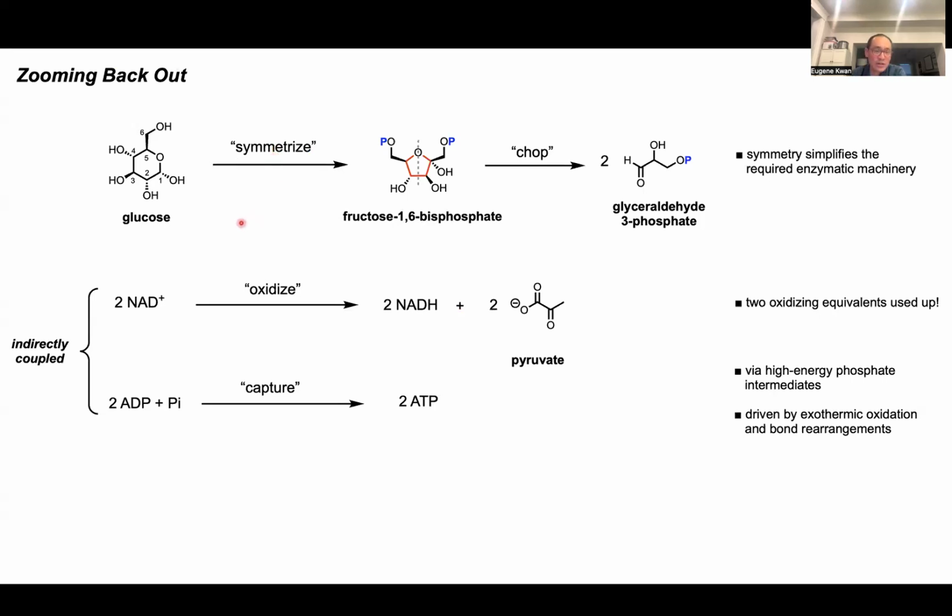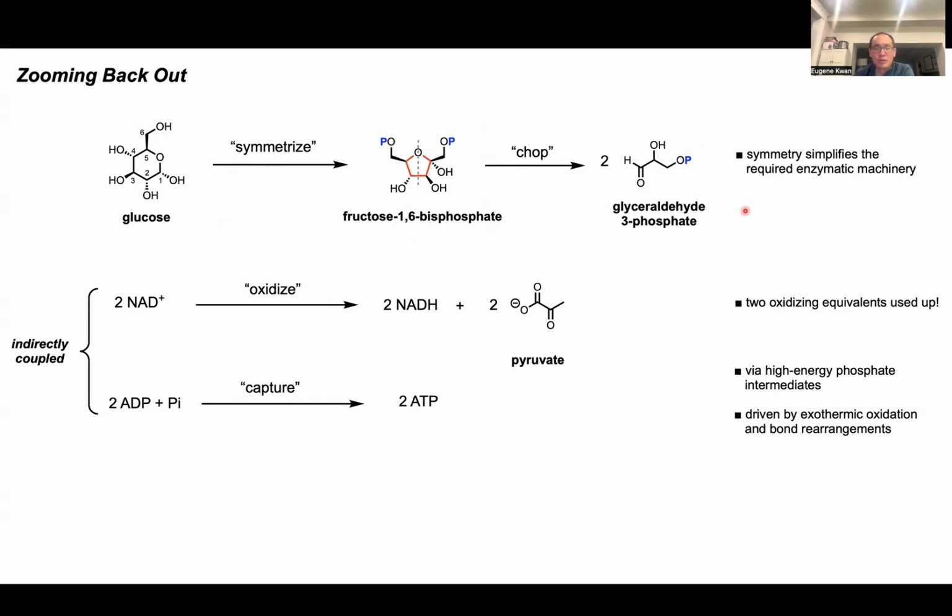Okay, so now we can zoom back out, but with a little bit more detail. So what we're doing in glucose is we do some symmetrization first to make this fructose 1,6-bisphosphate, and this nearly symmetric intermediate, when chopped, will give us glyceraldehyde 3-phosphate through that enediol, right? And having a common intermediate is going to let us save a lot of unnecessary enzymatic machinery.